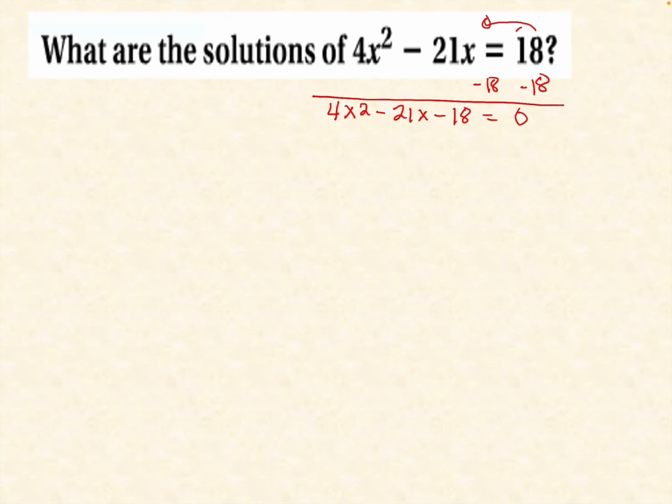So we're going to write the equation 4x squared minus 21x minus 18 is equal to 0.